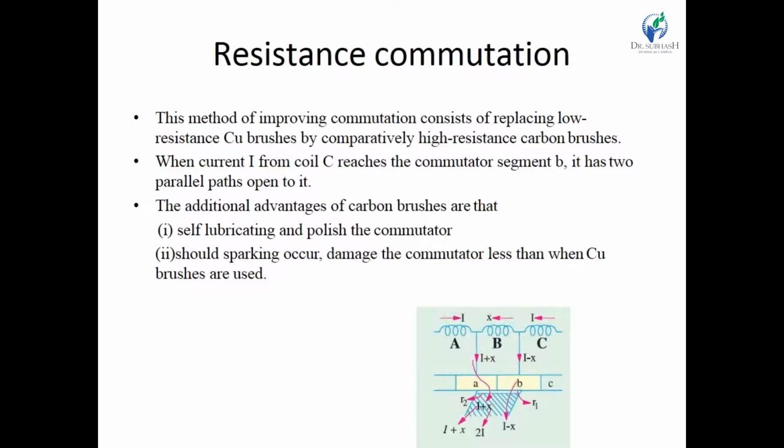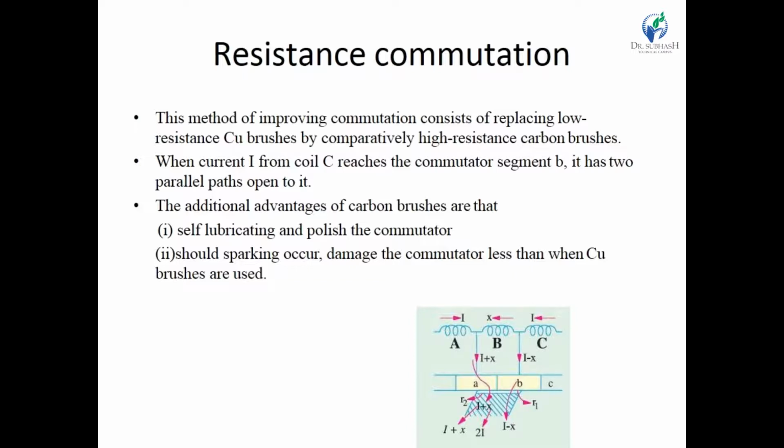But if large resistance carbon brushes are used, then the current I coming from the coil C will prefer to pass through the second path, because the resistance of the first path will increase due to the decrease in the area of contact with the brush, and the resistance of the second path will decrease due to the increasing area of the bar with the brushes.